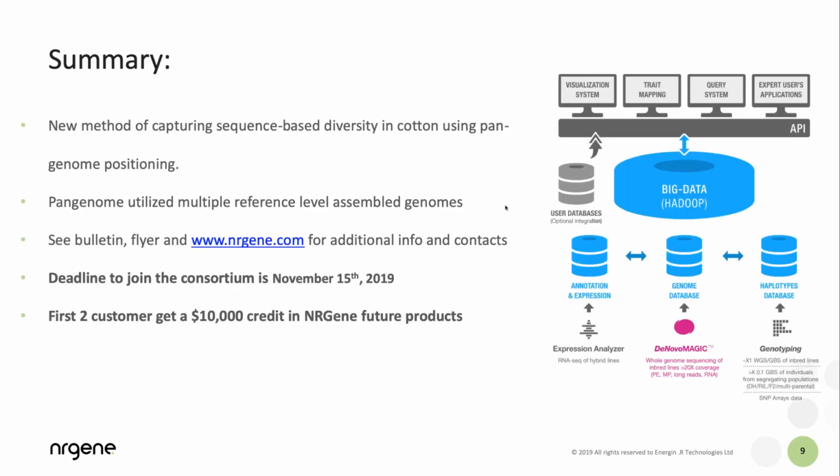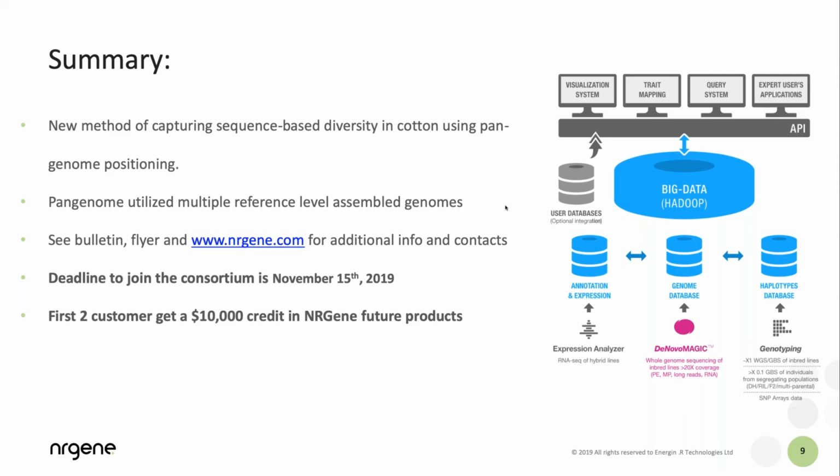Okay, so that would be on this slide, Roy, may you kindly, thank you. So I'm just going to give a little summary as a recap. It's a quick recap. The pangenome offers a new method to capture sequence-based diversity in cotton through multiple reference level assemblies. The deadline to join the consortium is November 15, 2019.